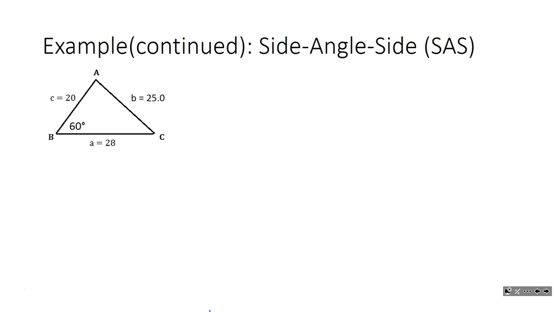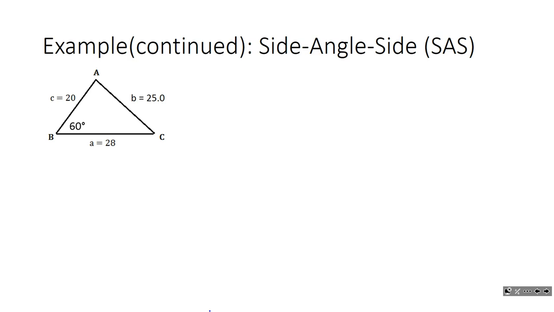Now, what don't we know? We don't know angle A, and we don't know angle C. Well, I'll tell you, with a side angle side triangle, after first using the law of cosines in order to get one of the sides, the order can matter in what you do next.